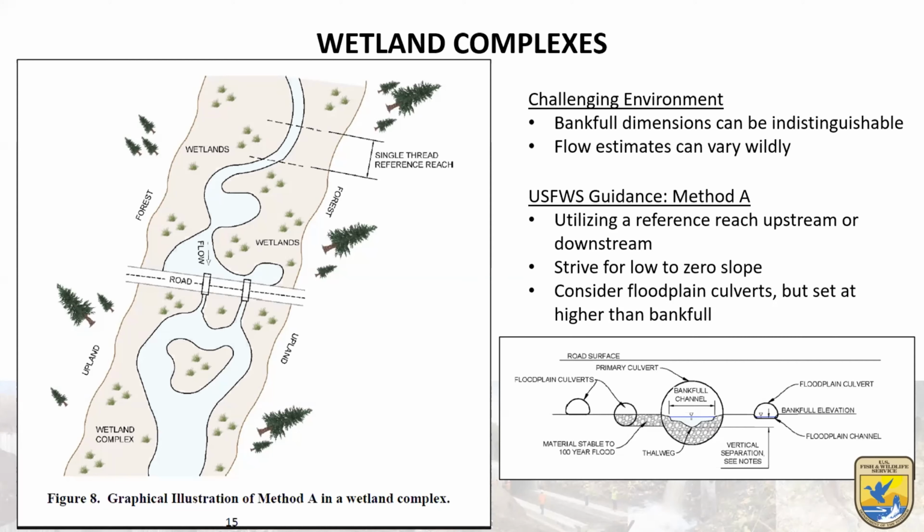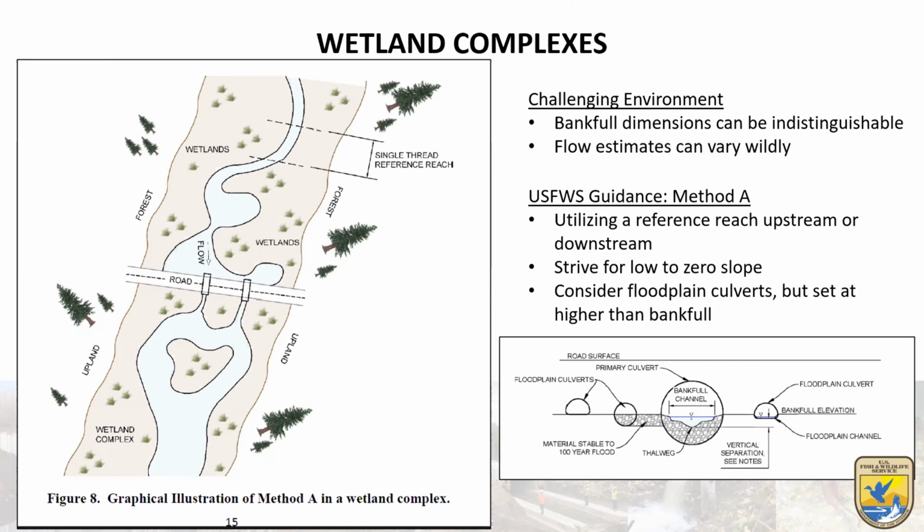And so these types of watersheds are really complicated to evaluate because the tools we have are for alluvial systems, not spring fed or not a system that is only wetlands in general.